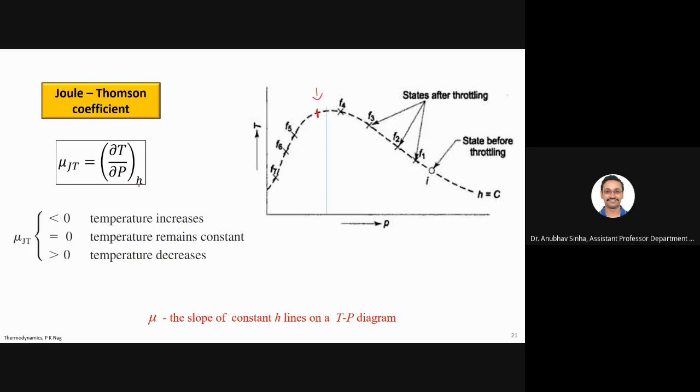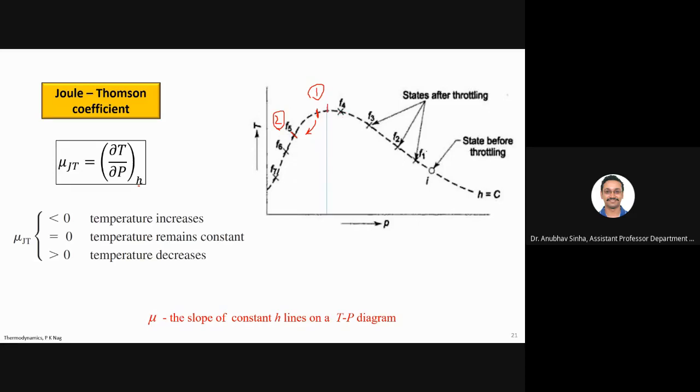Now let's say instead of here, I have my initial point here. Let us say this is 1, and this is 2. Now what happens if I go from 1 to 2? Temperature is increasing or decreasing? Decreasing. Right? So these are the two regions we define on the left and right side of the maxima.